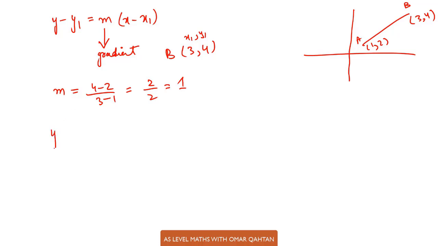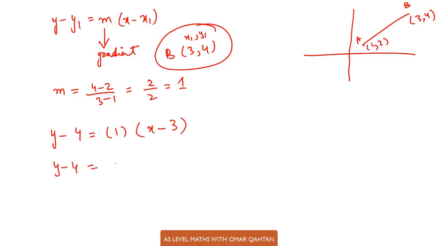Just substitute this into the equation. y1 is 4, so y minus 4 is equal to m, which is 1, times x minus x1. x will remain the same, and x1 is 3, so y minus 4 is equal to x minus 3.